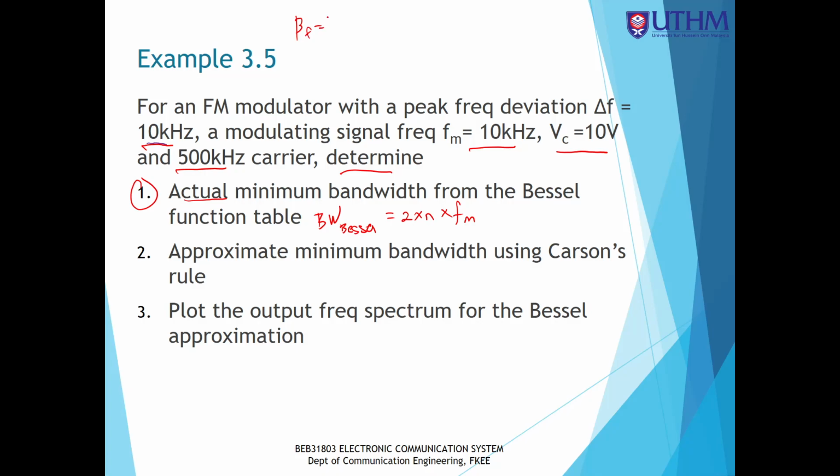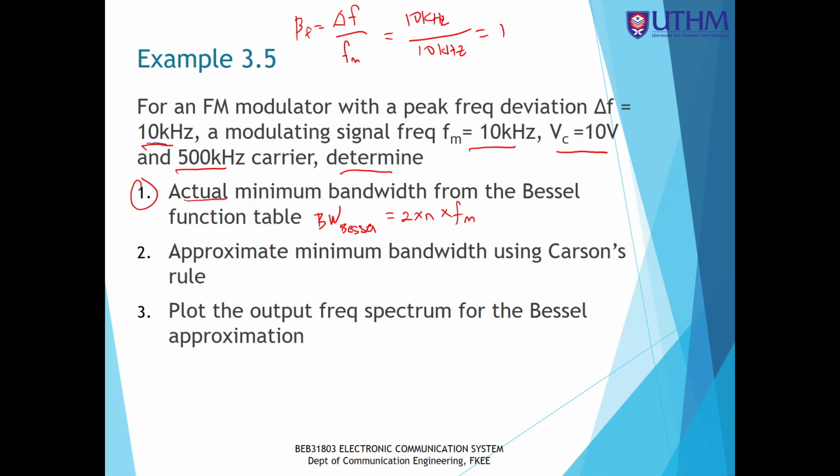Beta f is equal to delta f divided by the modulating signal frequency, fm. So this is 10 kilohertz divided by 10 kilohertz, which is equal to 1.